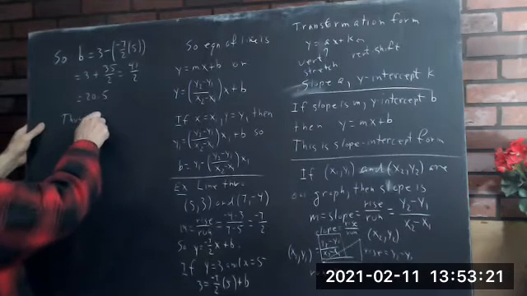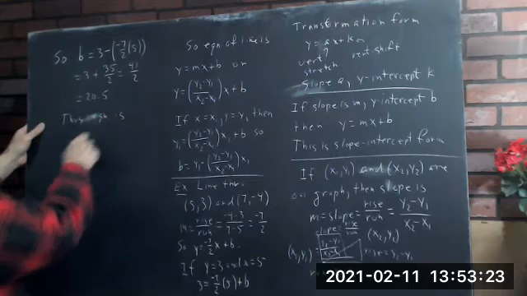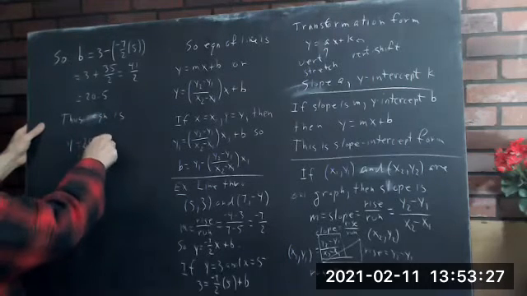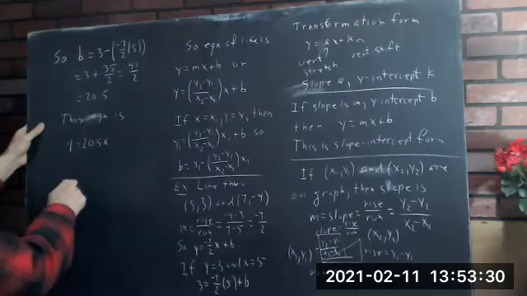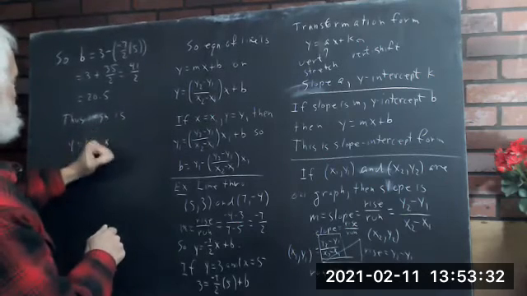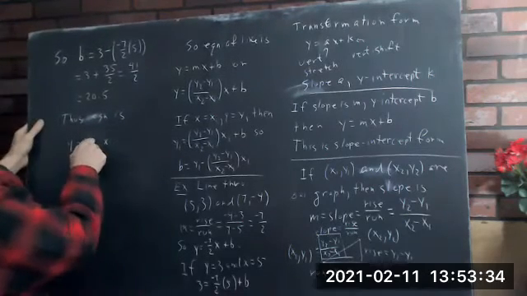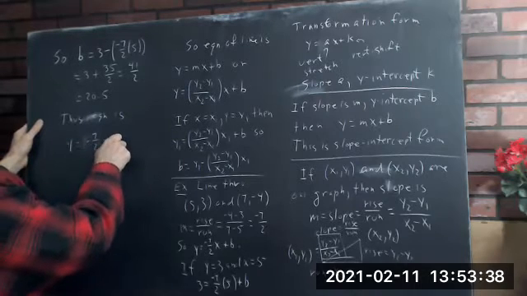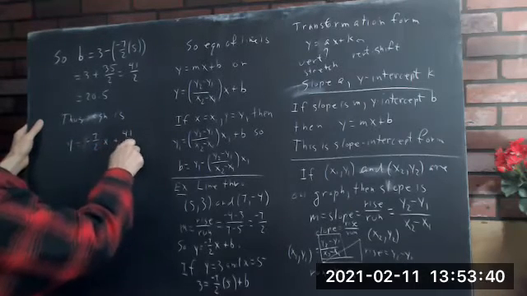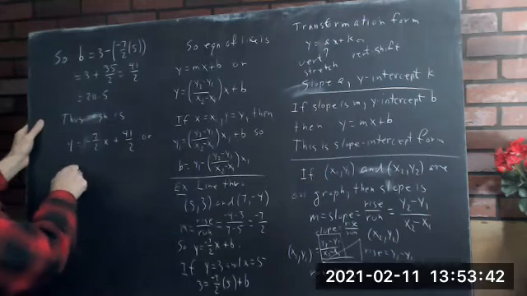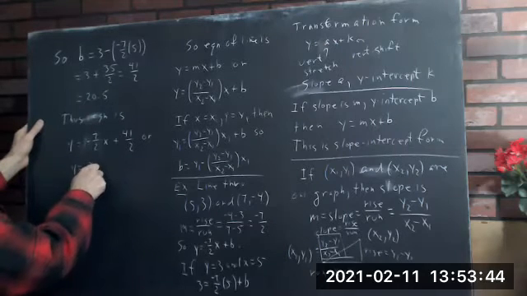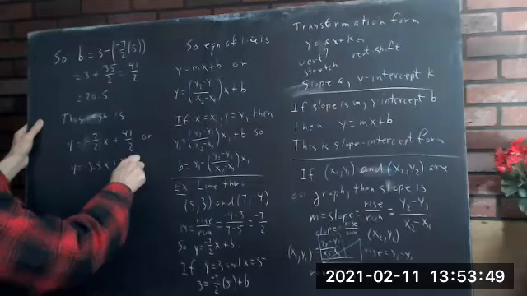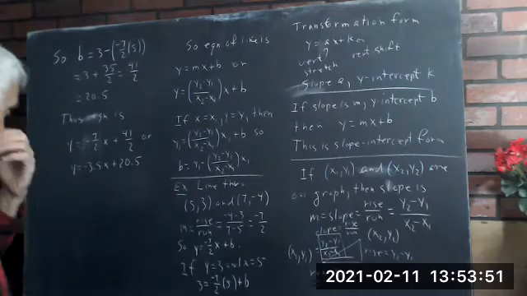So the equation is y equals 20.5x, sorry, not 20.5x, -7/2 x plus 41/2, or y equals -3.5x plus 20.5.